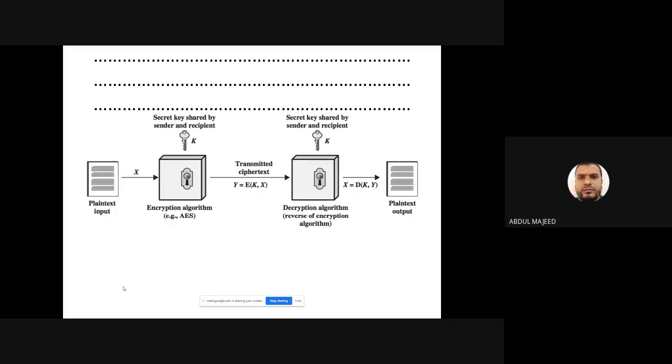On the right hand side the same equation gets reversed. The recipient converts the cipher text into the plain text.